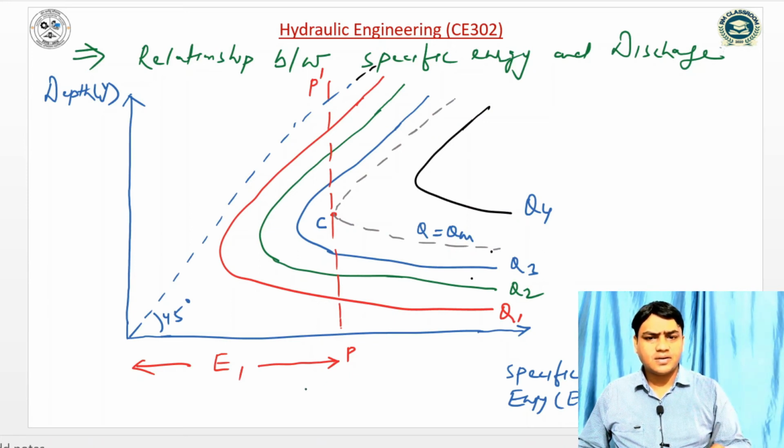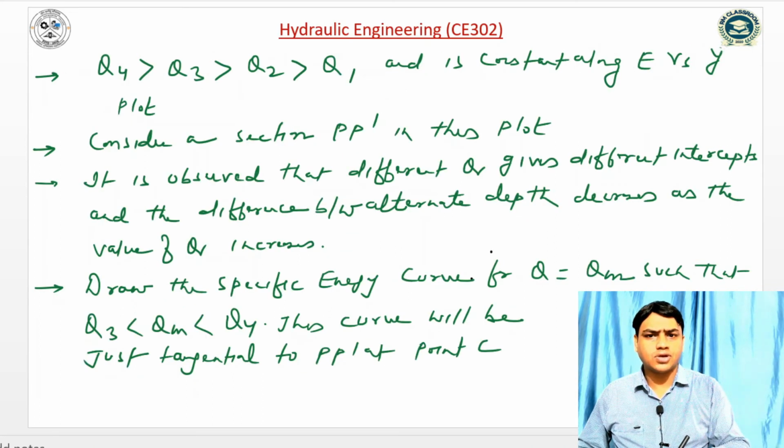And we can see that for a given value of specific energy, the magnitude of discharge Q4 is greater than Q3, then Q2, and then Q1.